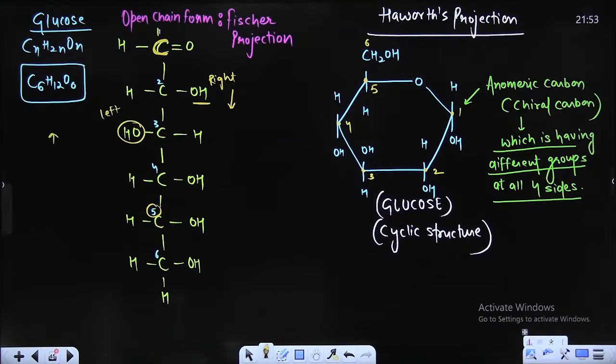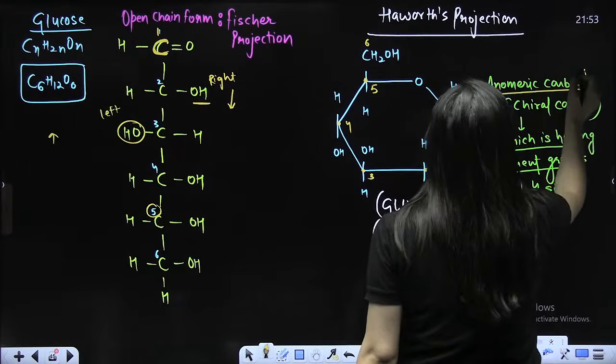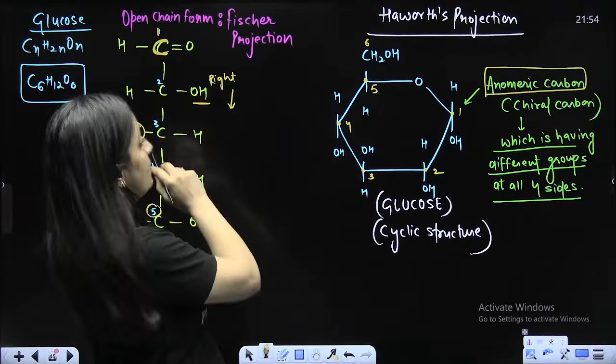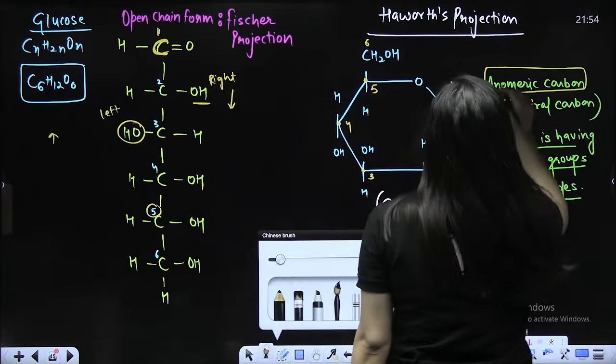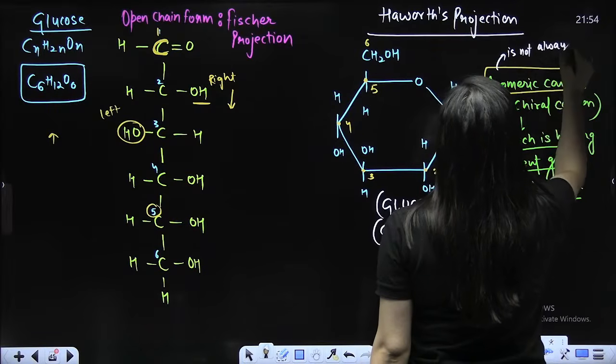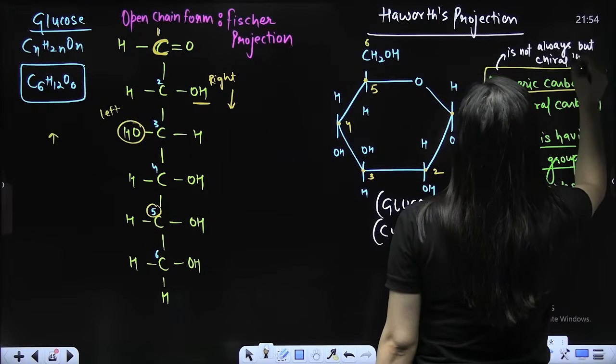Look at the anomeric carbon. I told you it is the anomeric carbon because it represents the C double bond O carbon in the open form. The anomeric carbon is not always chiral, but usually it is chiral.